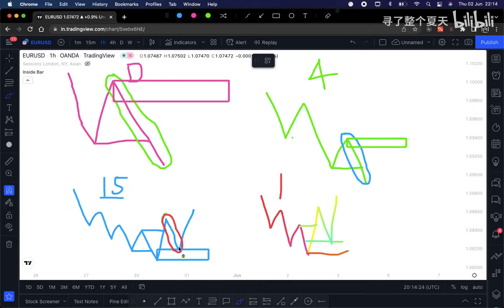When we are buying here, our main target is what? The 4-hour supply, right? So on the 4-hour time frame, we'll be having that pullback. Once price hits the 4-hour time frame supply, we take our profit, right?